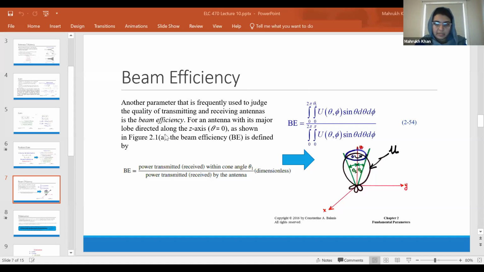That's what we are saying here, that your theta 1 could be anything, right? So if it is here, this is half power beam width, but if it is first null beam width, then it's saying the beam efficiency is the power radiated in the major lobe divided by the total power.